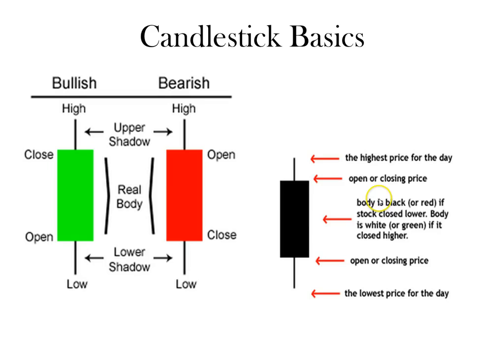In this case, we're talking about currency. I grabbed this picture off the internet just to show you some good visuals of the definition. And the body is white or green if it closed higher, so it's just letting you know bullish or bearish. It's a good little reference for you to know what the wicks mean, and whatever type of candle you're looking at, what's the data inside of that candle.